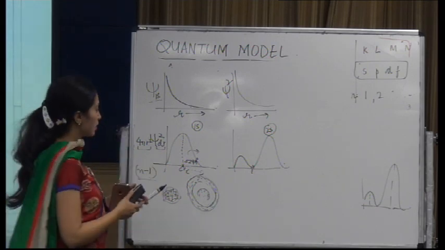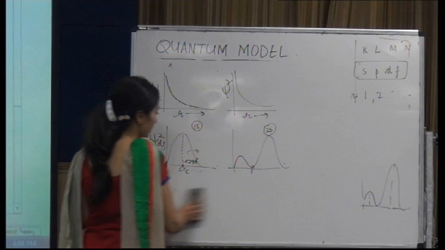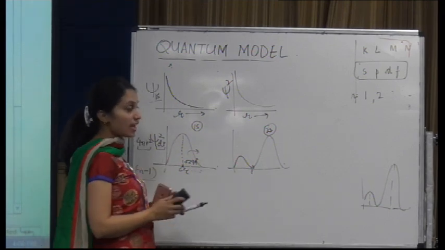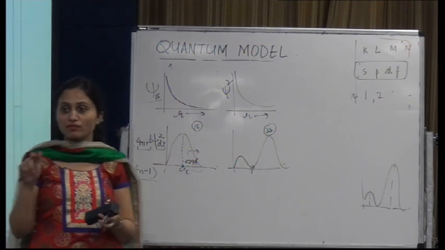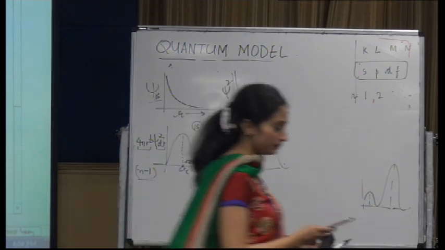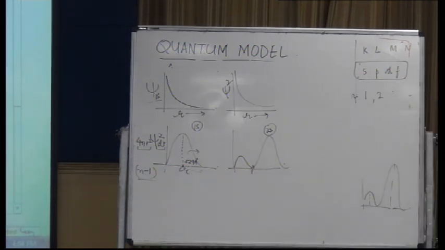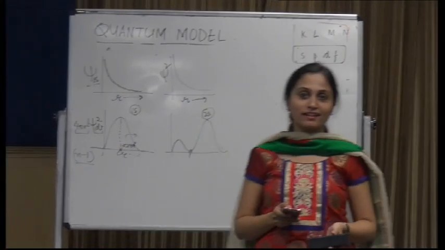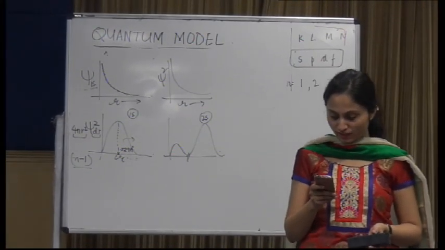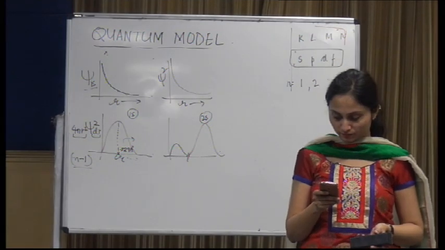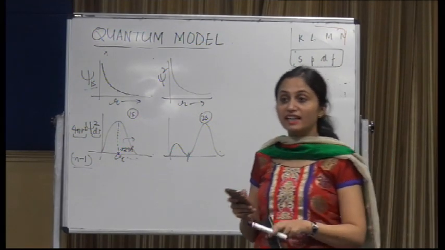Okay. So now where was I? I was talking about the probability density and angular nodes. Remember that the number of angular nodes will be equal to L. Note down, the number of angular nodes will be equal to just the L, because these are the radial nodes.